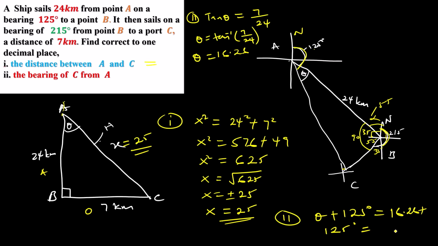We are to round our answer to one decimal place. So we have 141.26. To one decimal place, that will be 141.3. So that's all. That is the bearing of C from A.